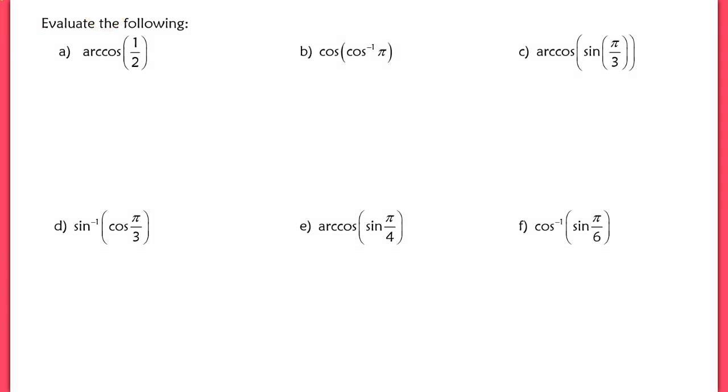All right, when we complete the first question here to evaluate the arc cosine of 1/2, I want to keep in mind that the possible outputs for this inverse cosine only come from 0 to pi on my unit circle, right? That's quadrants 1 and 2 basically. So right away when I see that it's a positive 1/2, I eliminate quadrant 2. There are no possible answers over here because all the cosines here are negative.